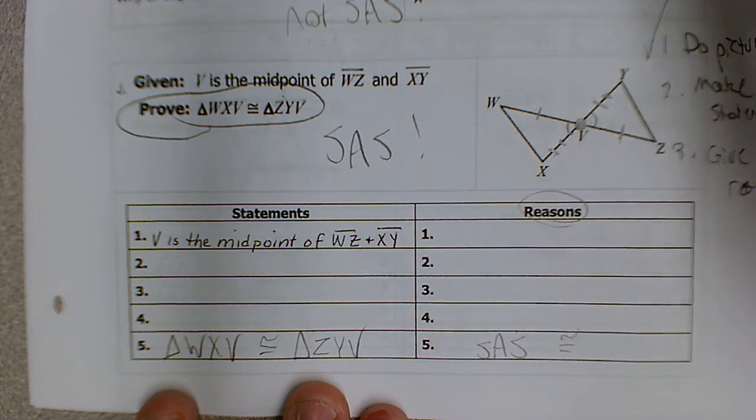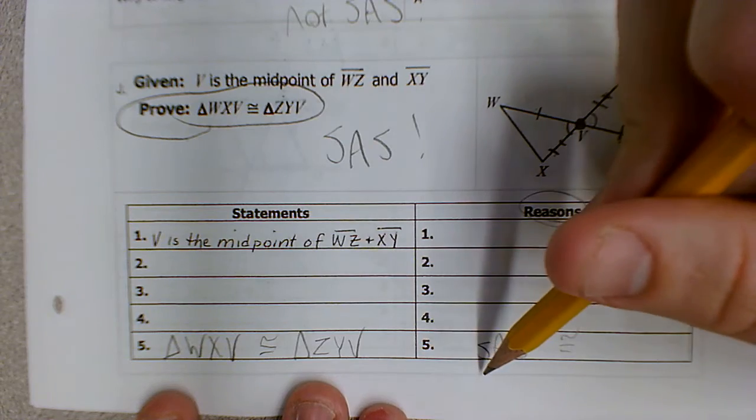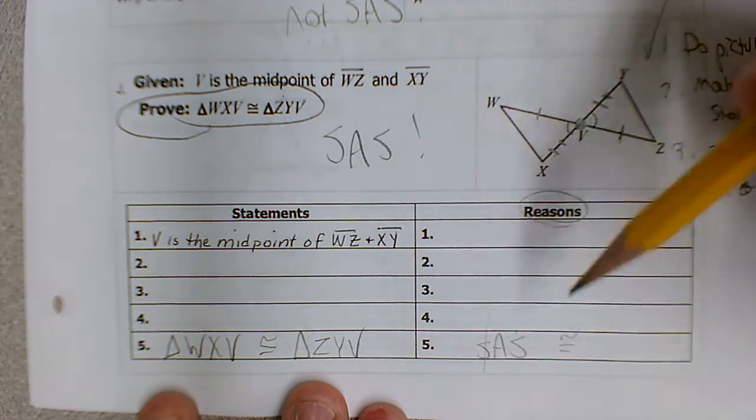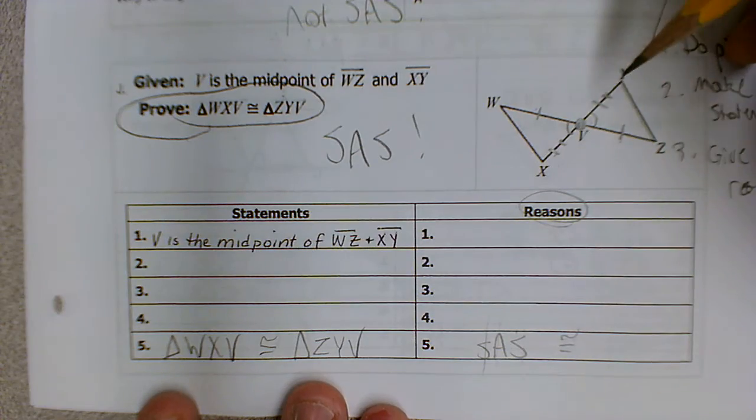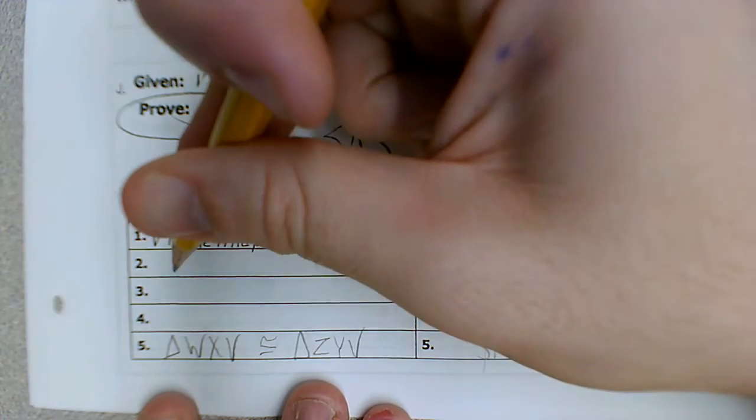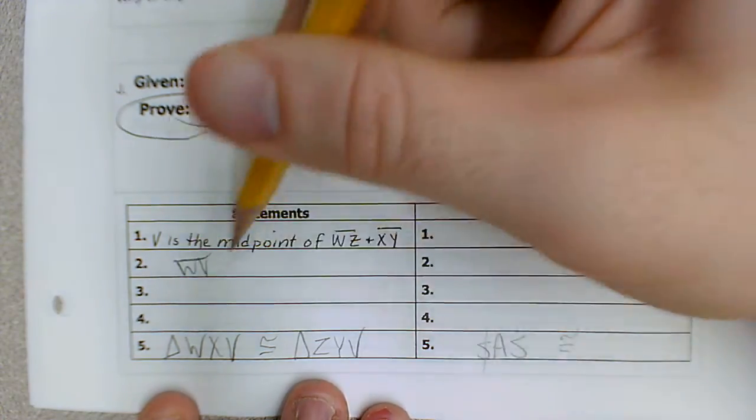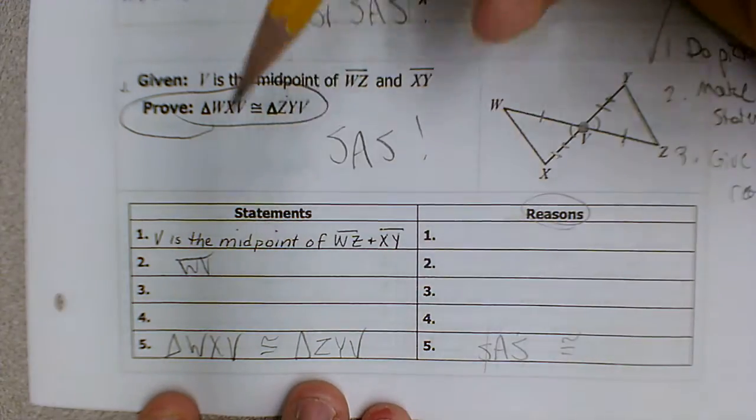Awesome. So we know what we're building up to. We need to prove that one side is congruent, one angle is congruent, and we need another congruent side. Two sides, one angle. Okay, well, I'm going to start with one of my sides. I know that WV is congruent to VZ.